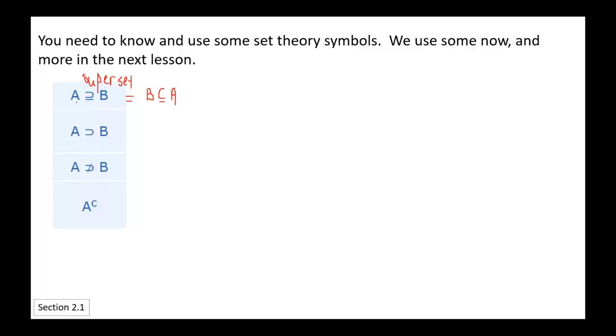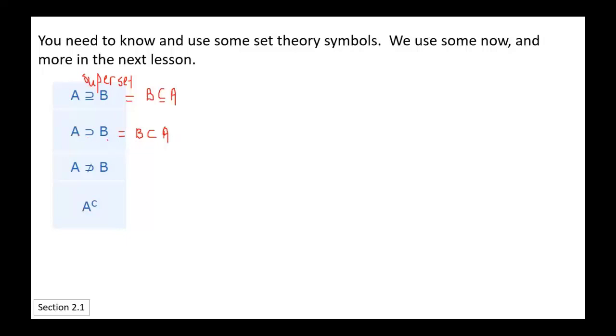This one would be like A contains all of B, but they might be the same. The second one, A is a superset of B, a proper superset, means that B is a proper subset of A. All of B is contained in A, and A has more.